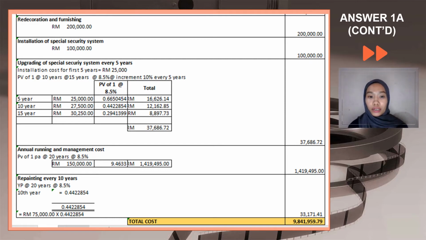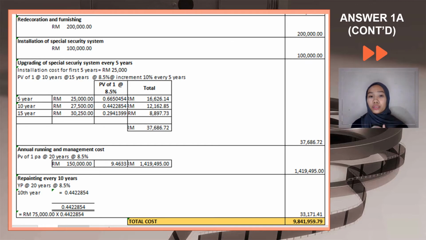As this rate is monthly, you have to update it with PV of 1 for the 5 years for every period.